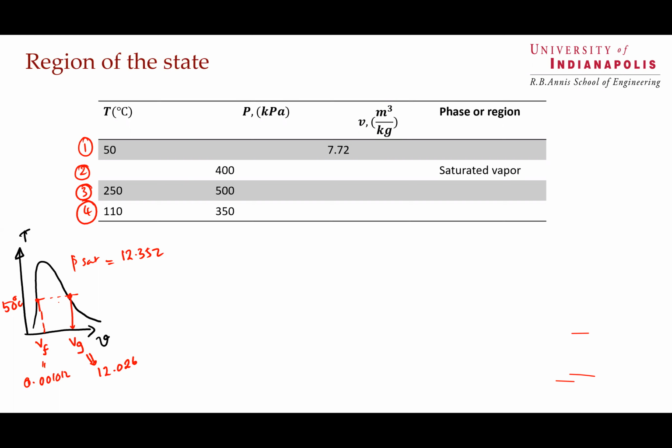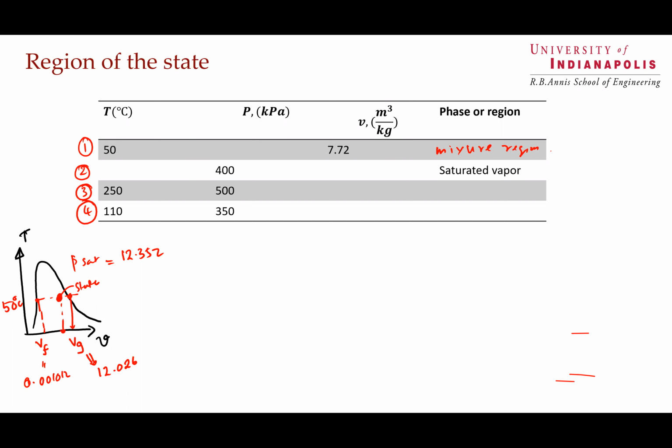Because volume is increasing to this side, the given value is higher than Vf, 0.001012, and lower than Vg, 12.026. So 7 point something should be here, right? So at 50 degrees, at this volume, this is the state. This is in the mixture region.